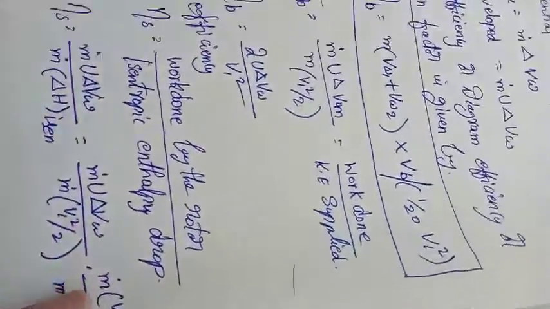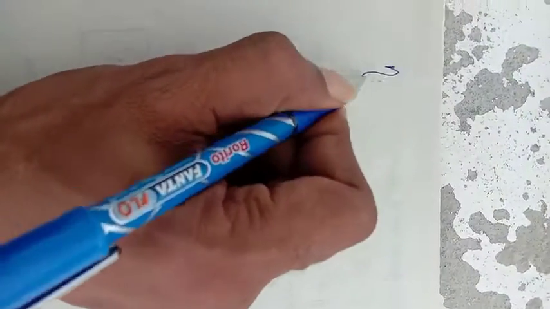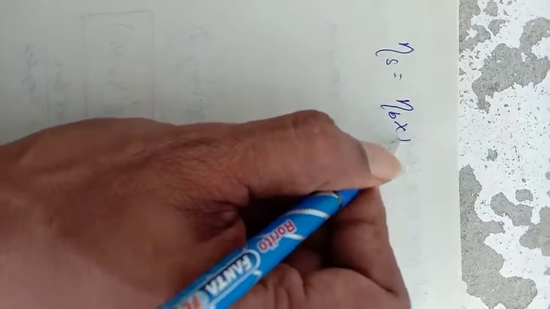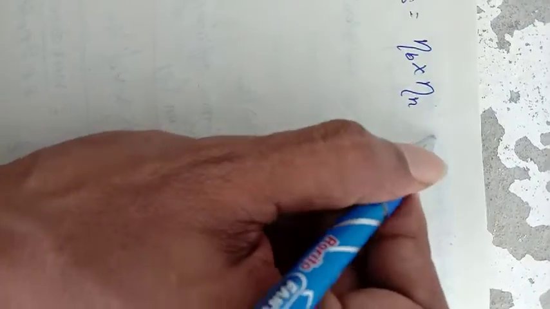So now we can write this equation again. Stage efficiency is equal to blade efficiency into nozzle efficiency.